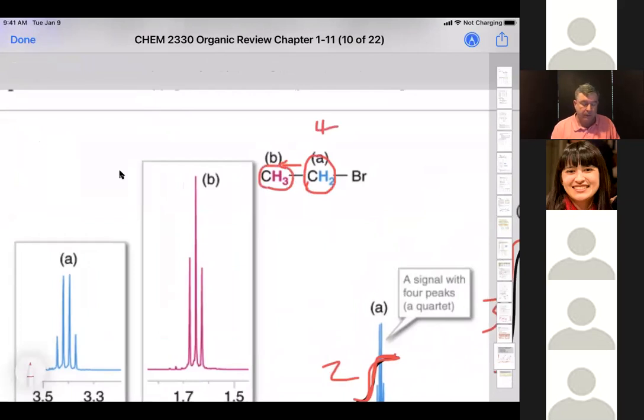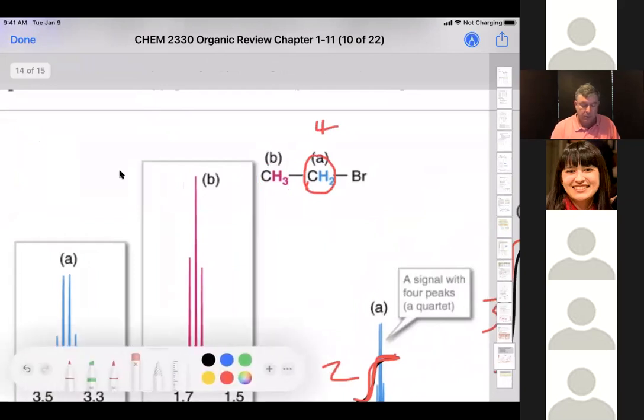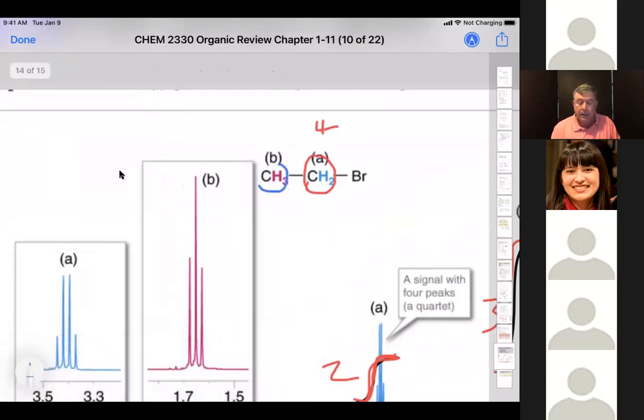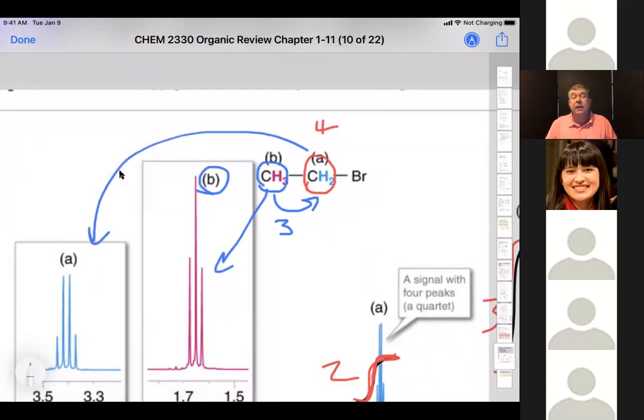If we look at the other one right here, it has 2 hydrogens within 3 bonds, and it has 1 peak for itself. So it's going to have 3 peaks. Okay, so that means this one's B because of the 3 peaks, and this one's A because of the 4 peaks.